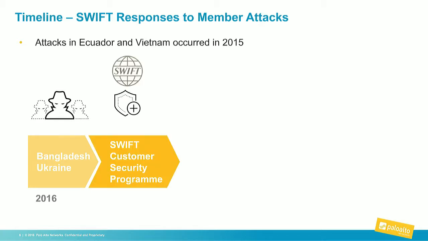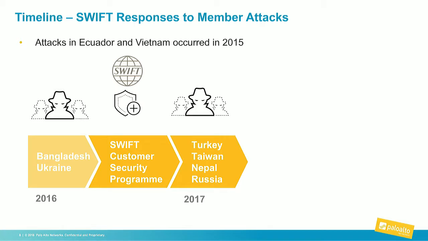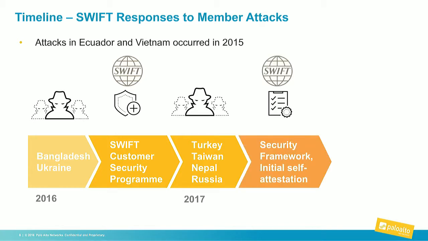Now, to SWIFT's credit, although the SWIFT network and the SWIFT environment itself was never compromised, they took it upon themselves to institute this customer security program, and the objective of that was to protect the entire ecosystem. Now, in 2017, additional attacks occurred across multiple countries, and the SWIFT security framework was laid out, which included details of the customer security controls that we're going to talk about in just a moment.